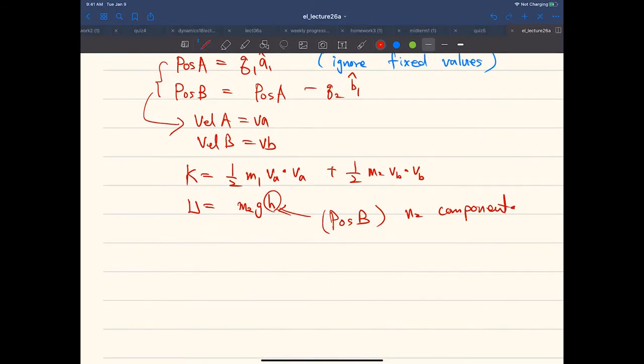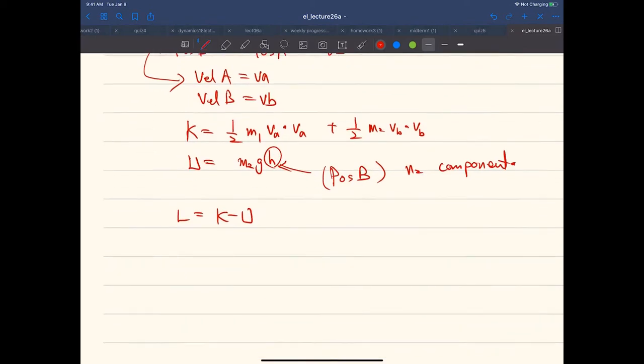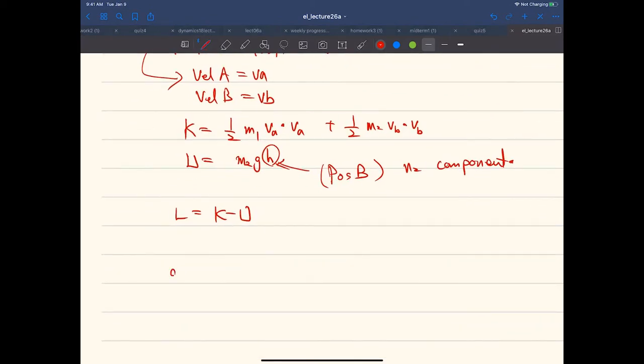And finally, your Lagrangian is K minus U. And once you have that, your dynamics equation is simply ∂L/∂q1 dot minus ∂L/∂q1 equals some torque or force. In this case, it will be force.